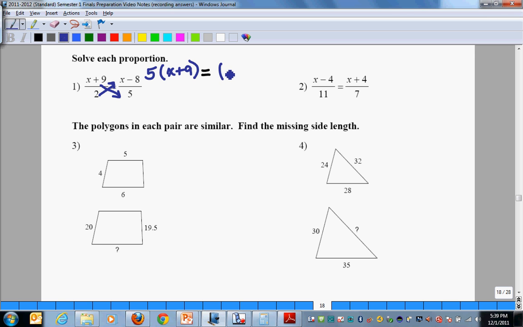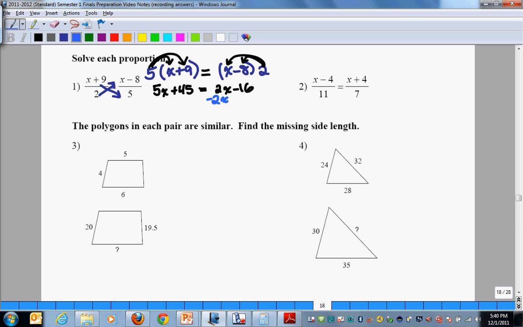If you write out the distributive and then you also draw these distributive lines, you are much less likely to make that very simplistic error. So we have 5x plus 45 equals 2x minus 16.